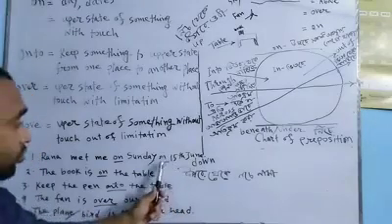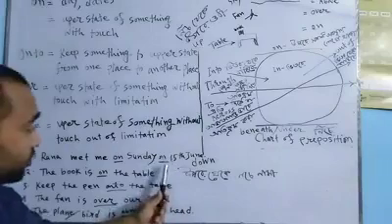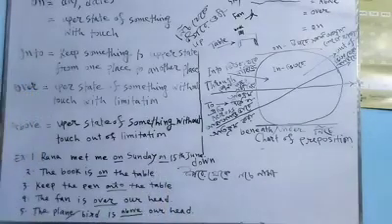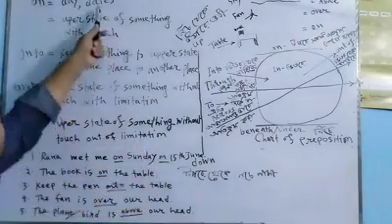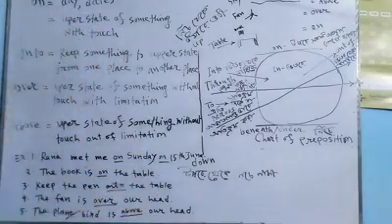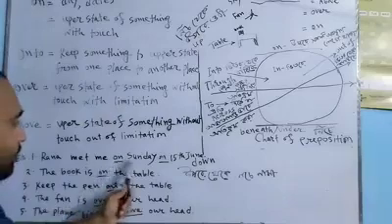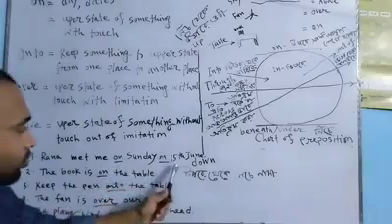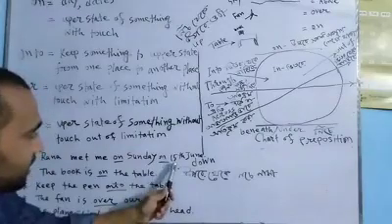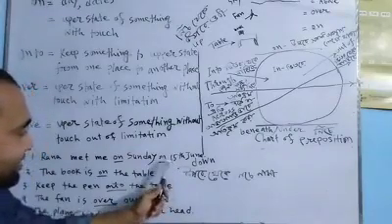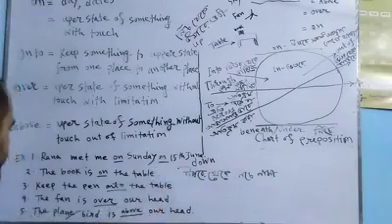We use the preposition on before Sunday, and we have to use the preposition on before the date 15th.